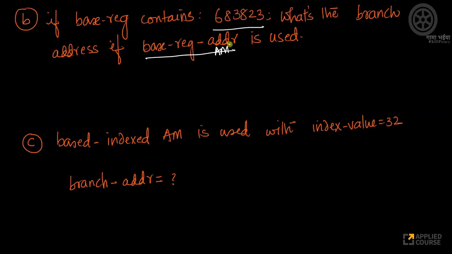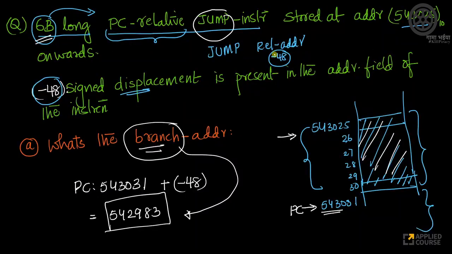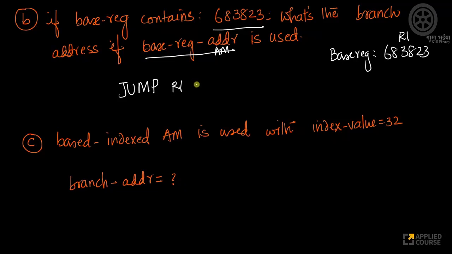If the base register contains this value 683823, what will my instruction look like? My instruction will have jump, the base register, suppose R1, and an offset, or displacement, of minus 48.